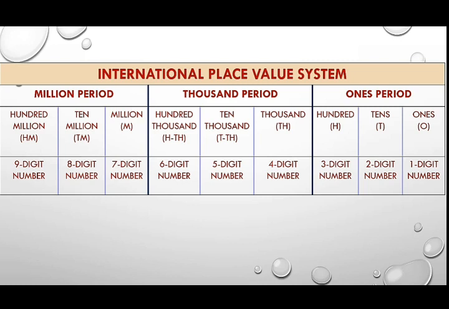To its left, the thousands period which also consists of three places, that is 1000, 10,000 and 100,000. To the left of the thousands period, we have millions period which has three places, that is million, 10 million and 100 million.